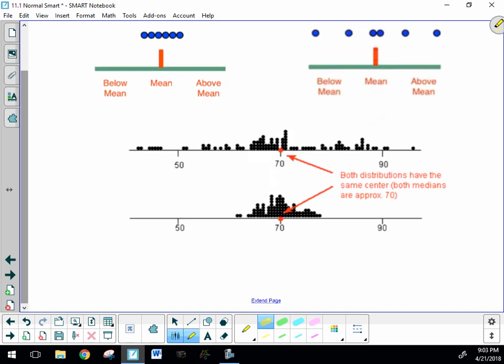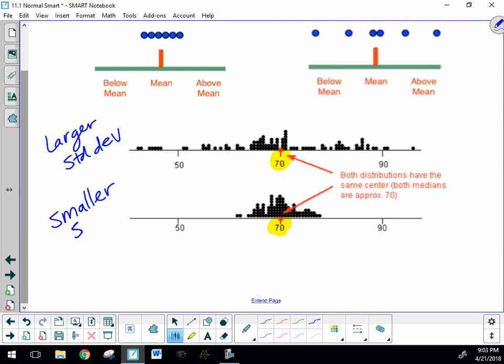You can see both of these dot plots have a median of 70. But the set above is much more spread out than the set below. So we would expect this top set to have a much larger standard deviation, and the set below a much smaller standard deviation if we were able to compare them.